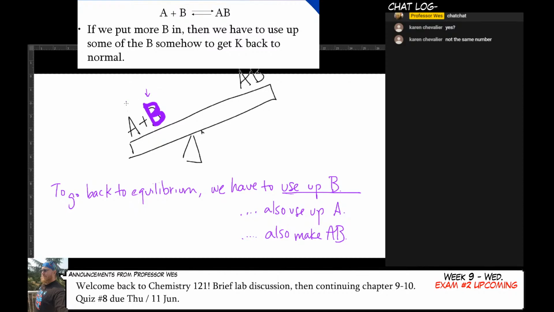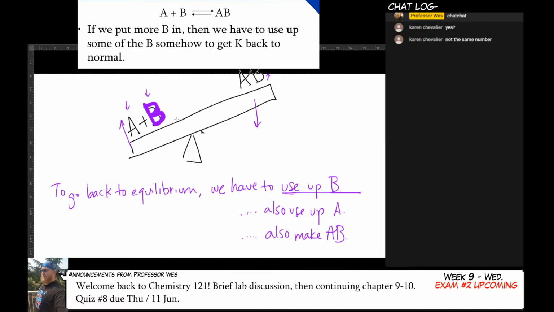By using up B, I also use up A, so this number will also decrease. But by creating AB, this number will increase. As I make more AB, this side will get heavier, and this side will get lighter. And the end result is that it will try to go back to equilibrium.